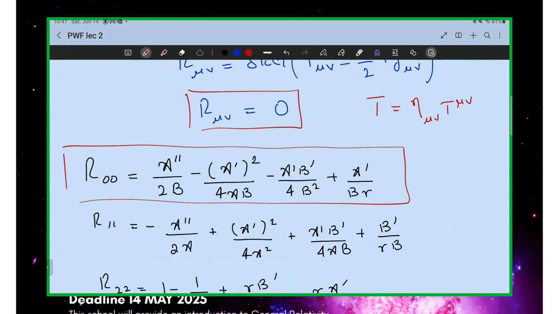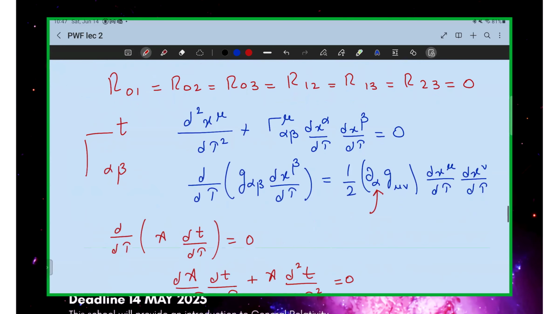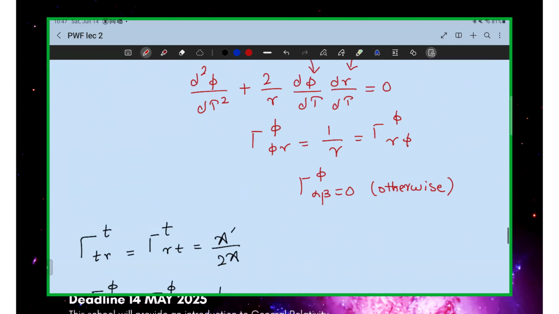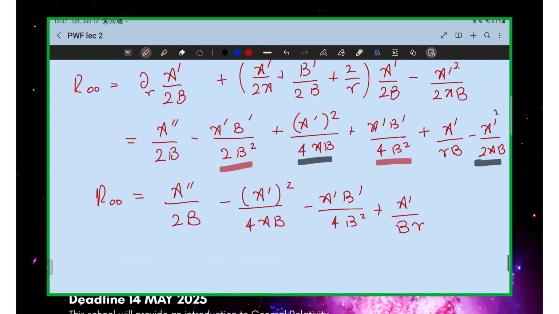For the Schwarzschild solution, it's pretty simple to derive the solution once you have the Ricci tensor. That's why I'm spending a lot of time to derive the Ricci tensor. Okay, so you see that the component R00 that I quoted earlier is exactly what I have derived.